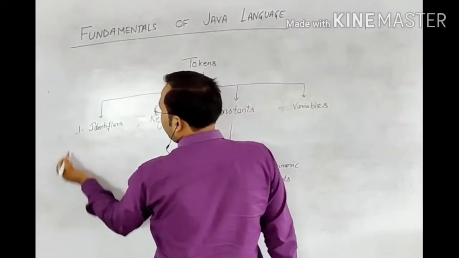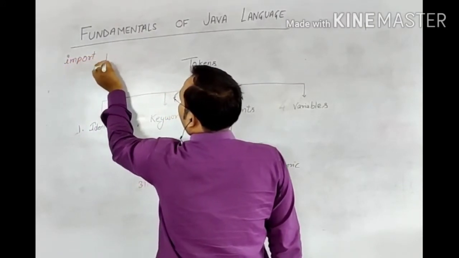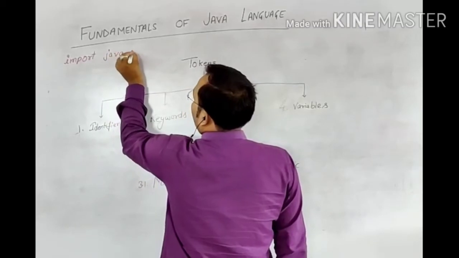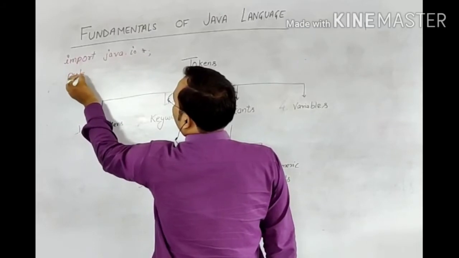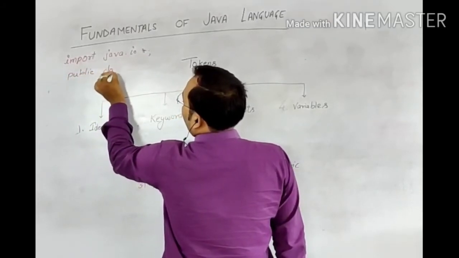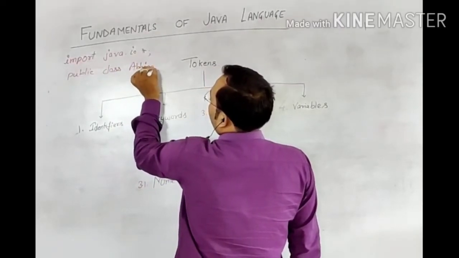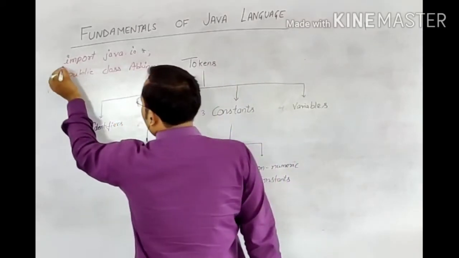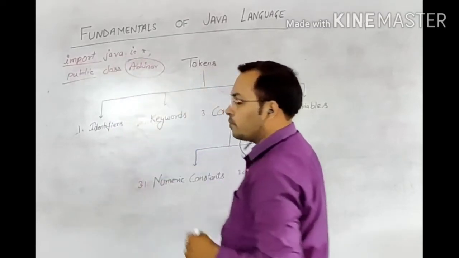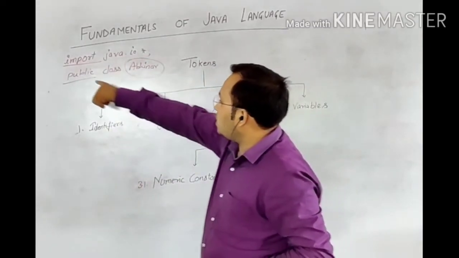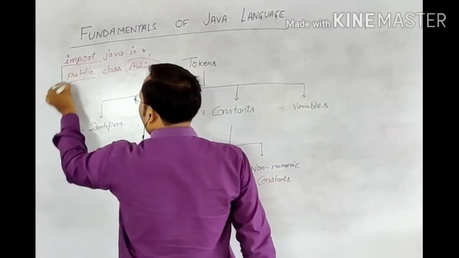In that program I wrote import java.io.*, then public class Abhinav. Now see here, this import or this public cannot be a name because these are keywords. Keep in your mind, these two are keywords.